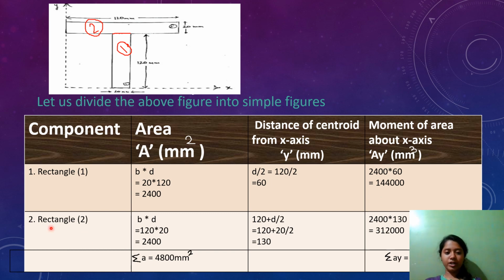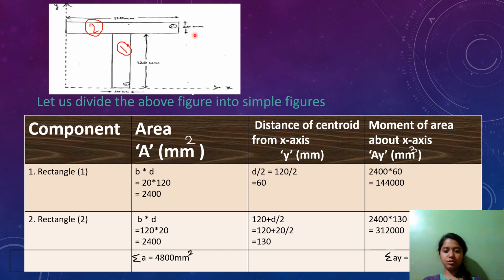Now the second component, that is rectangle 2, area of rectangle is b into d. Here b is 120 mm and the depth is 20 mm. So it is 120 into 20 is equal to 2400. Then distance of centroid from x-axis. For this second component, since it is above x-axis at a distance of 120, it is 120 plus d by 2.